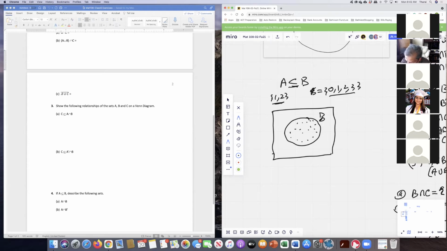Now A is a subset of B means every element of A must be in B. That means all the dots that represent A must be in B. That means in the Venn diagram, A has to be a circle inside B. Only then is every dot in A also in B. So this is a Venn diagram showing the fact that A is a subset of B.